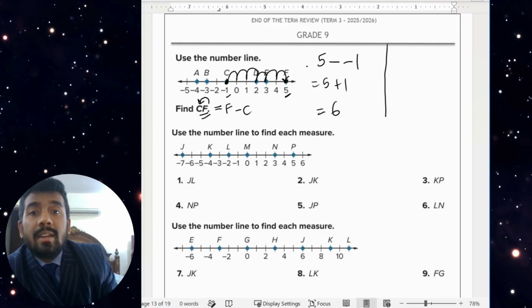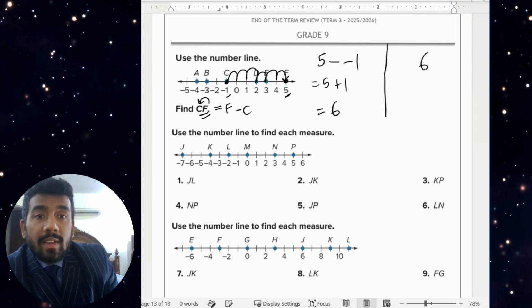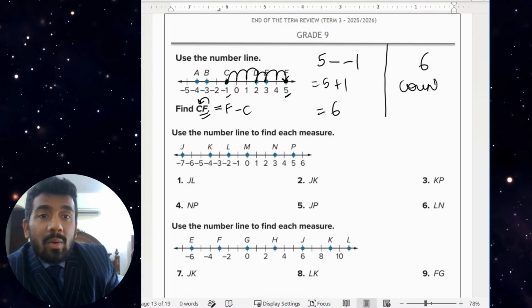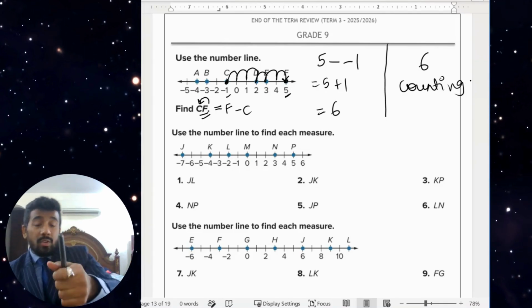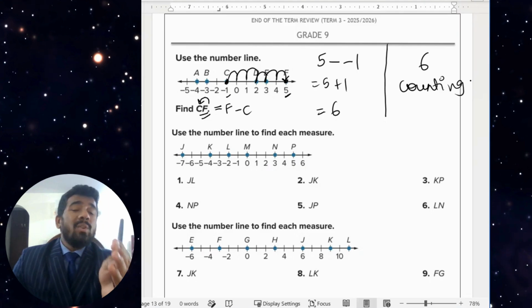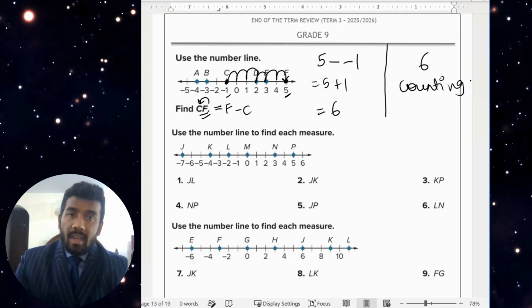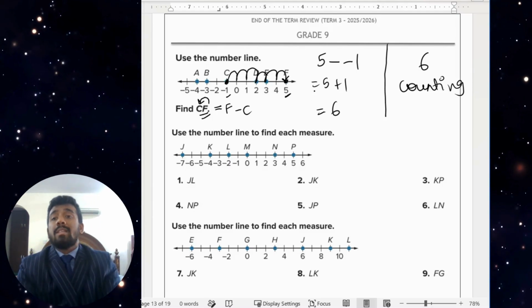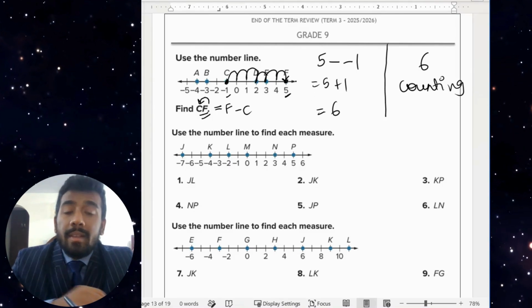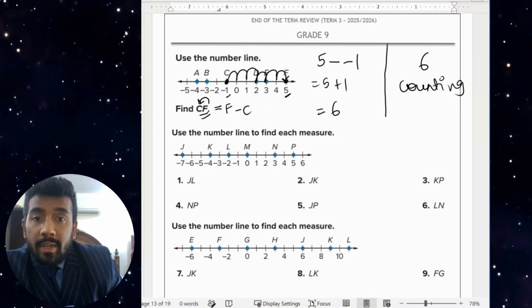So what's the answer? 6. Okay. So this is an easy counting way. It's up to you, either you want to do this or this, you can choose your option. I have no objection. Unless you get the answer correct, I don't mind anything. So that's how you do it.